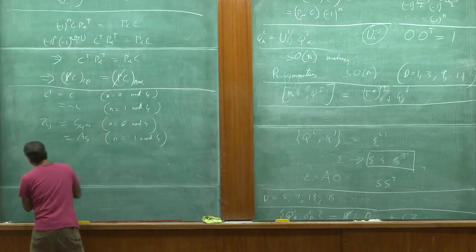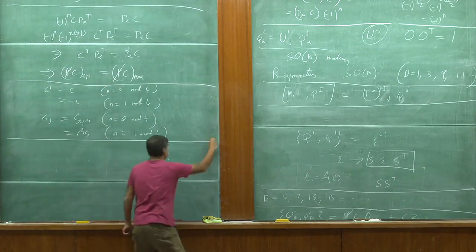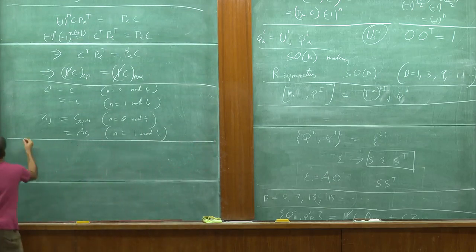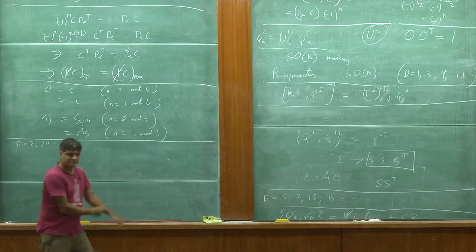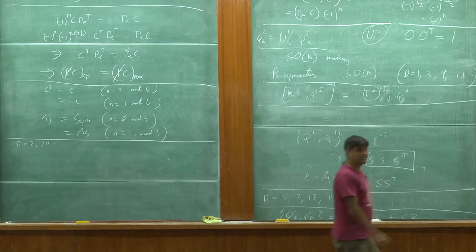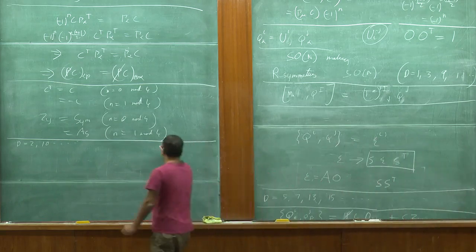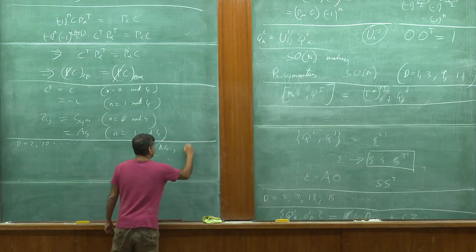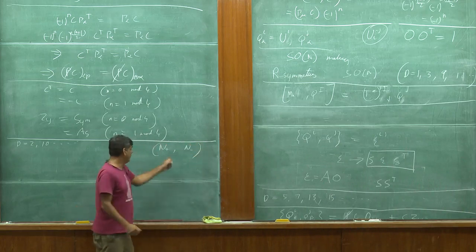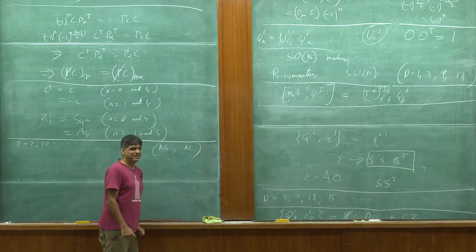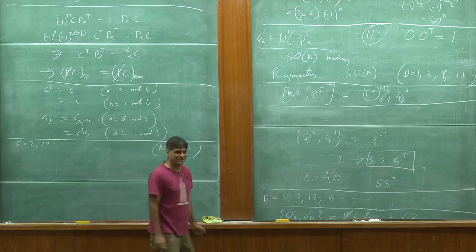So you remember we had three kinds of even dimensions. The simplest kind was D is equal to 2, 10. In this dimension, chiral spinors could be real. Therefore, supersymmetry now is defined by two integers, n plus and n minus: the number of chiral supercharges and the number of antichiral supercharges.